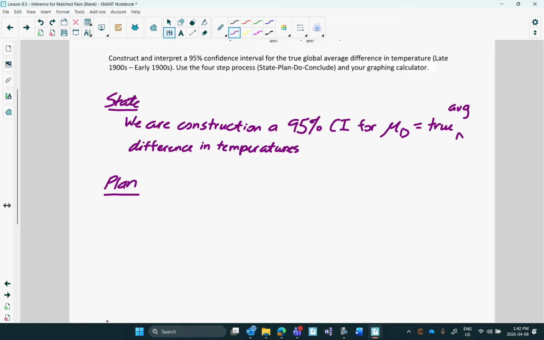We've already calculated the difference. So it's not going to be a 2-sample T interval. It's going to be a 1-sample T interval for the difference.